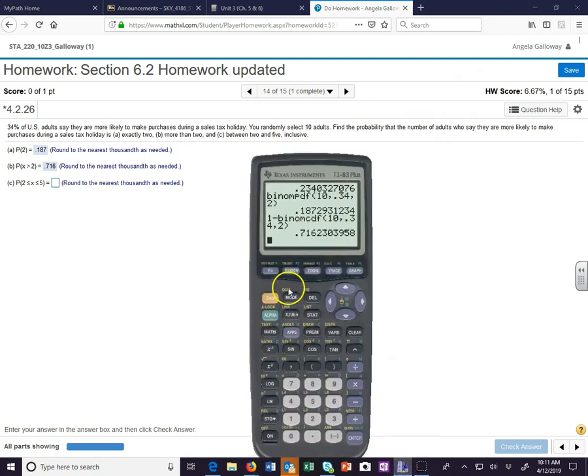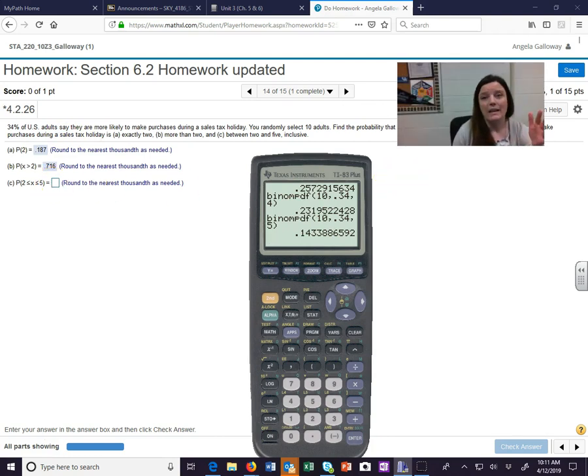We already know the PDF of 2 is 0.187. Then we can do the PDF of 3, of 4, and of 5. Now we have these numbers, and we could add them all together, and that would give us this.